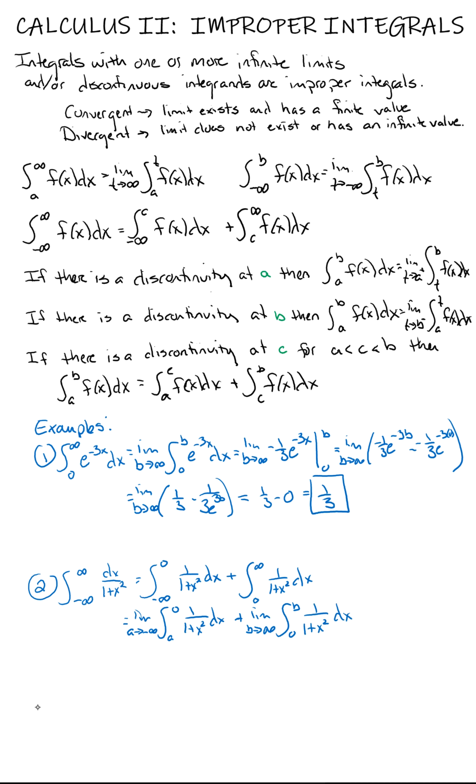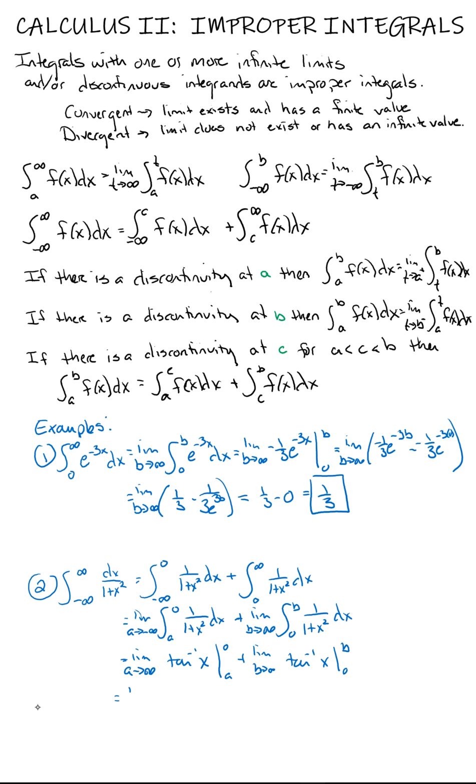If we integrate 1 over 1 plus x squared, we end up with the inverse tangent of x. So the first one, of course, is being evaluated from a to 0. And the second one is being evaluated from 0 to b. Of course, we're taking the limit of each of those. Be careful with that.